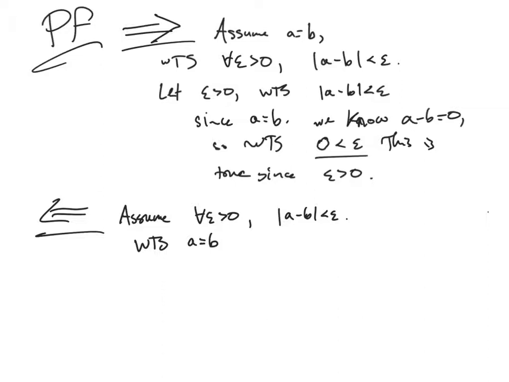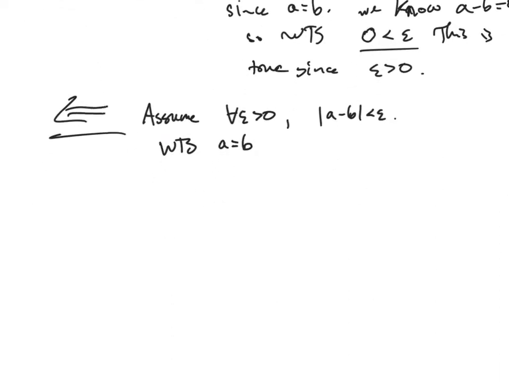This one is most convenient to prove by contradiction. So I'm trying to give you this important proof, but also I want to do a little review of all your favorite proof techniques, because we are going to be writing a fair amount of proofs in this class. So let's do a proof by contradiction. Most of the time when I write a proof by contradiction, I'm going to write it this way.